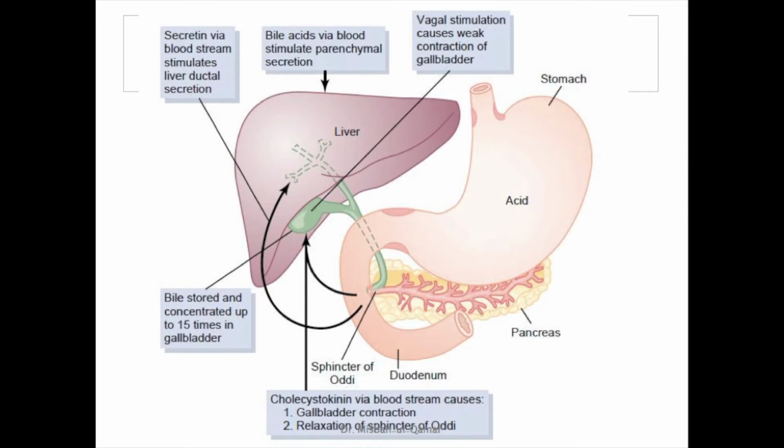The second factor for the emptying, that is relaxation of the sphincter of Oddi, is caused again mainly by cholecystokinin, but this relaxation can also be neurogenic through the vagus nerve, or it could be a receptive relaxation during peristalsis.